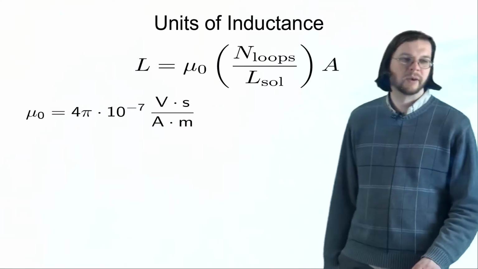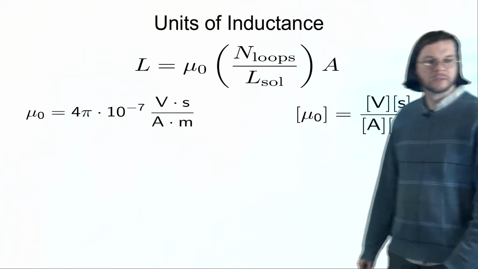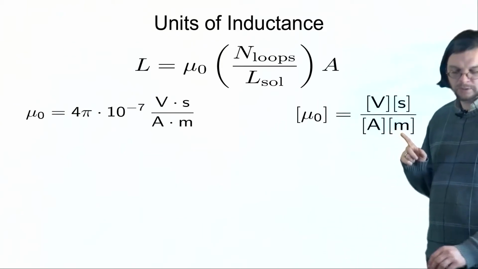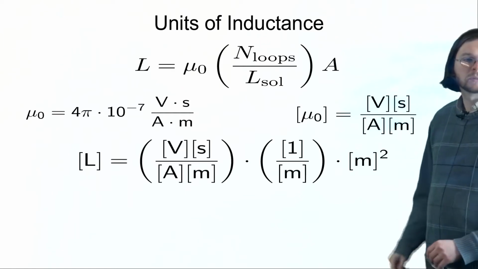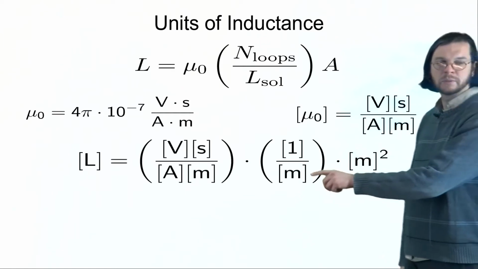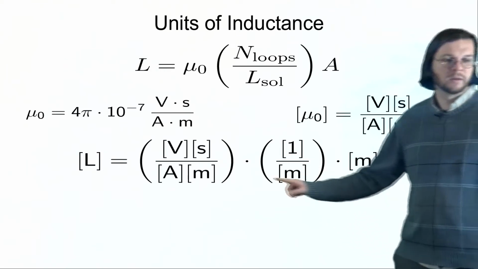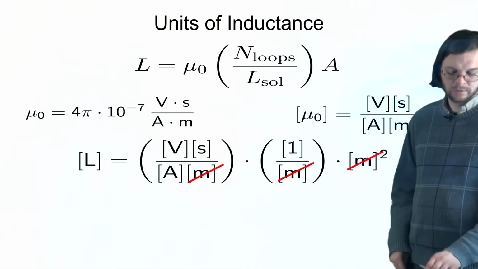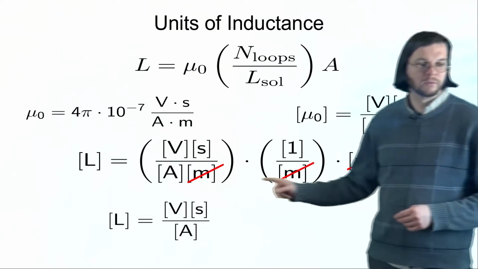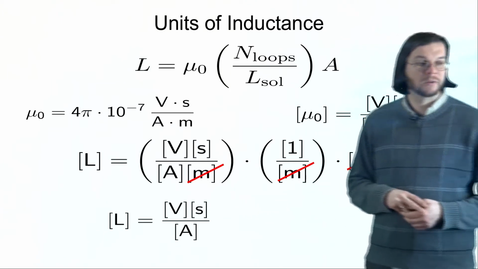And then we have meters squared here and length there. So in terms of units, the magnetic permeability looks like this. That's what these little brackets mean. And so in terms of units, we have meters squared, meters, that, and the meter times meter on the bottom, meter squared, is going to cancel out, and so you end up with the inductance being volt seconds over amps as our units, which we've not really seen before.